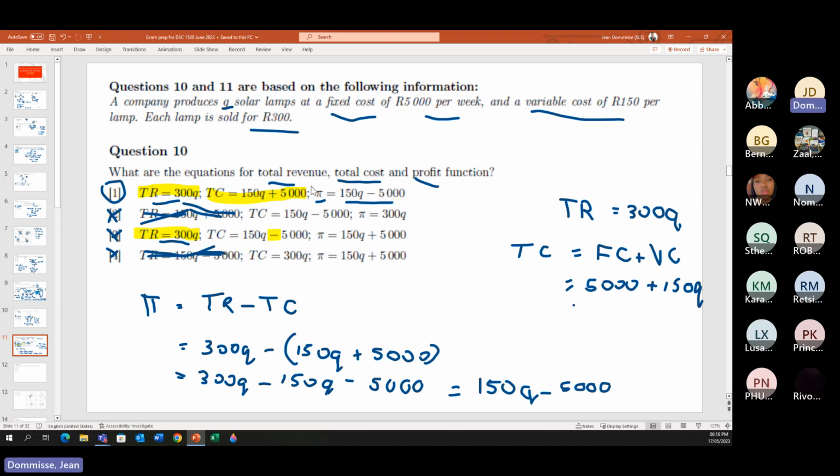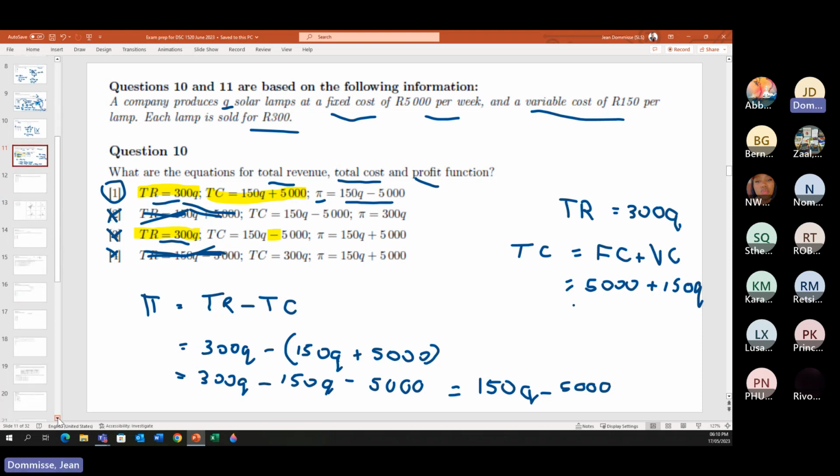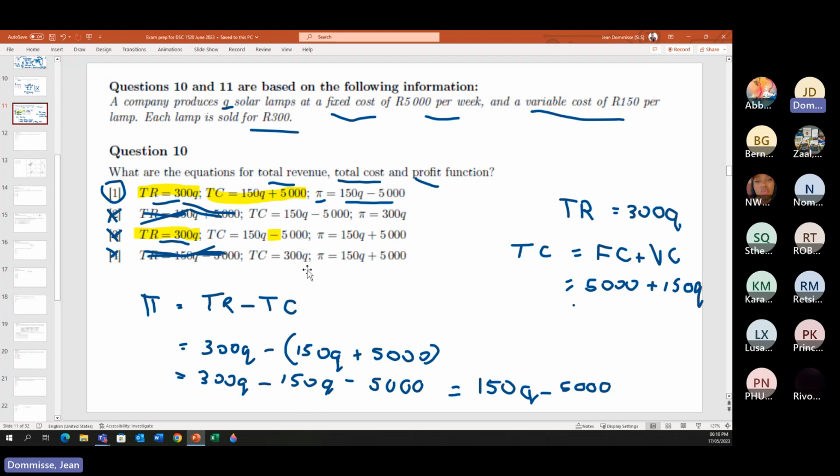They tell us question 11 is also based on this information. So let's remember your total profit was 150Q minus 5,000.